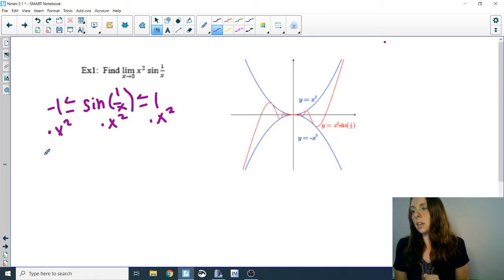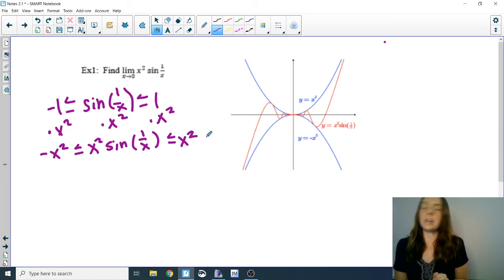Meaning you can say from there that -x squared is less than or equal to x squared sine of 1 over x is less than or equal to x squared. And that was the compound inequality that I wrote from this graph.